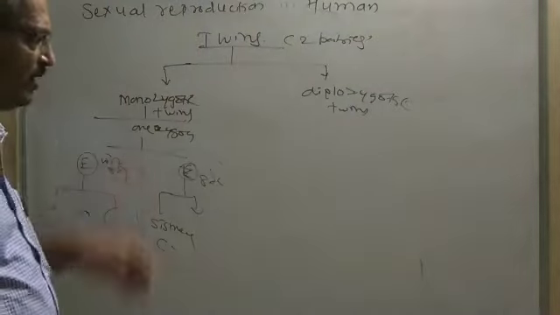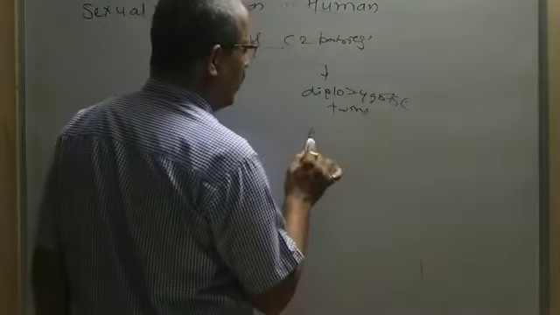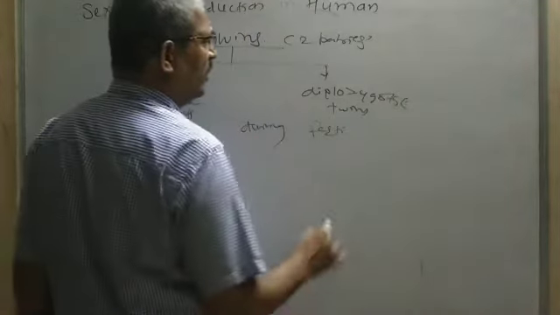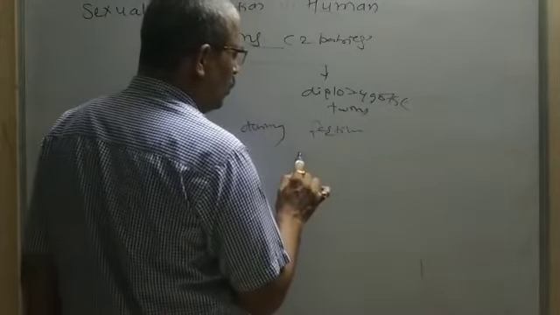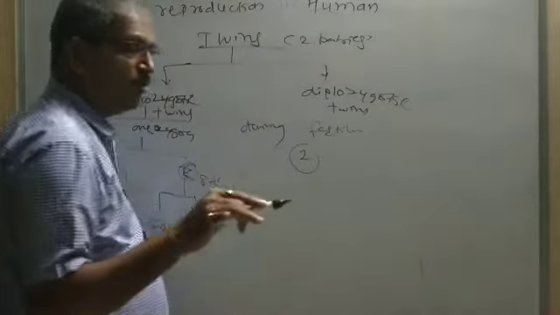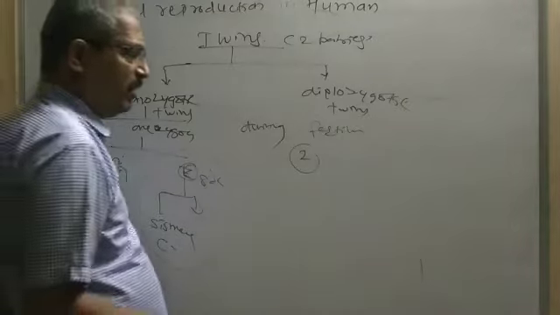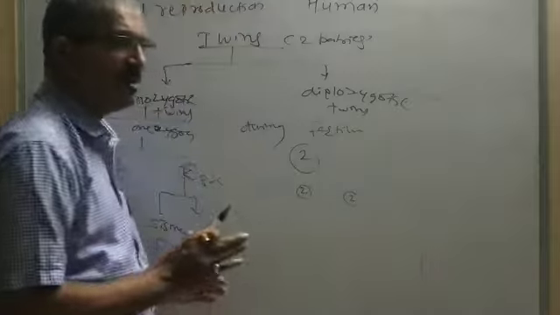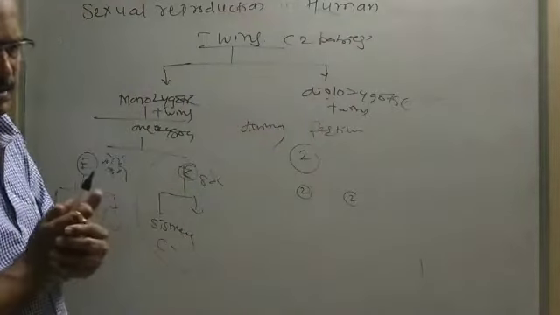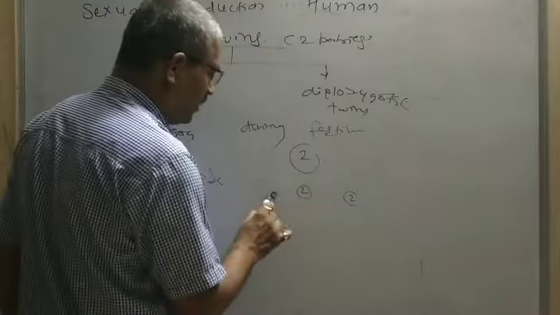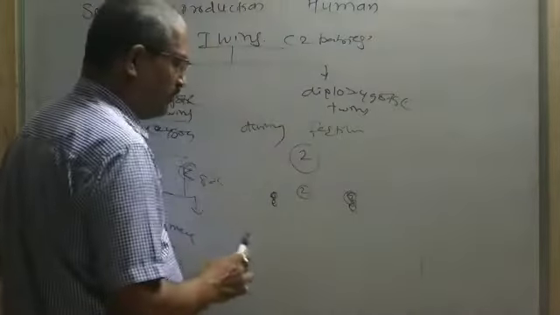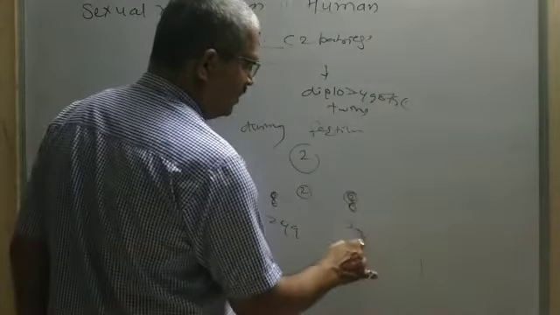Now we are going to see diplozygotic twins. Diplozygotic twins means, what happens during fertilization? Two oocytes come into the uterus, and then two embryos are formed separately. This one egg cell joins with this sperm cell, and this other egg cell joins with another sperm cell. Means this zygote is different.